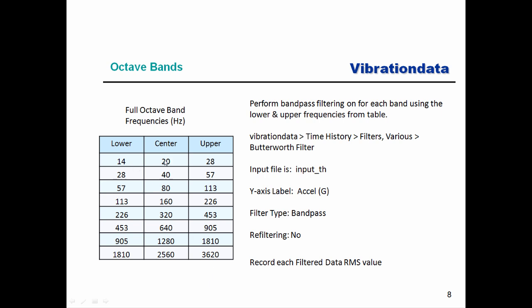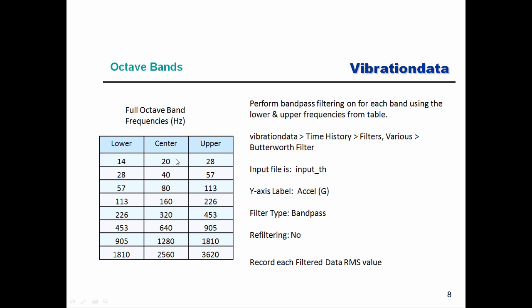And here's another thing to note. Let's say we have this first band here. Its upper band is 28 hertz. That upper band limit becomes the lower band limit for the next octave band. Another thing to notice is that if we were to take the straight arithmetic average between 14 and 28, that would be 21 hertz.